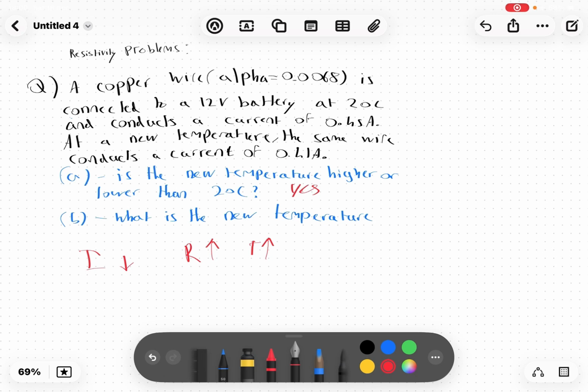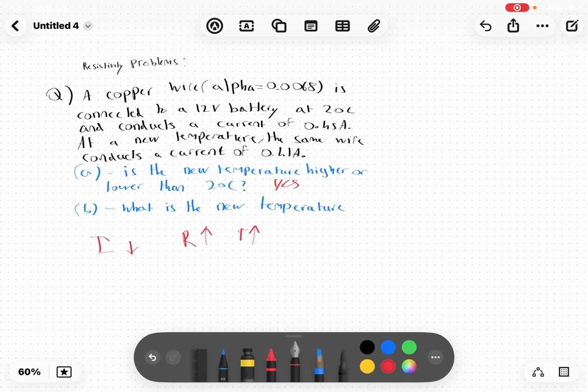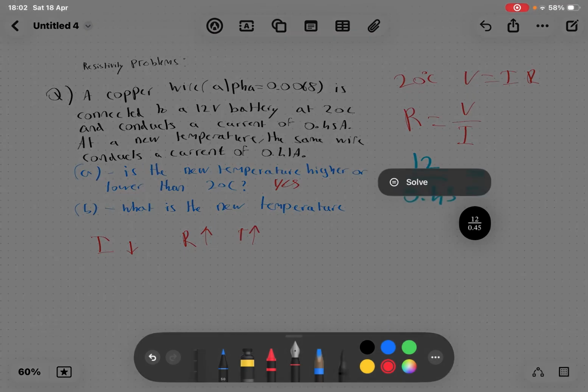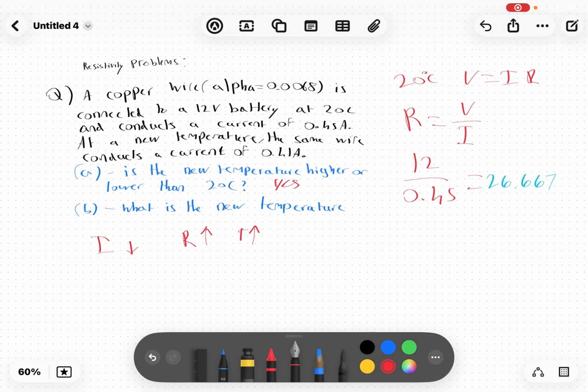And now we ask, what is the new temperature? So at 20 degrees, we can use V equals IR to find the resistance, because it's not given, so we should find it. The resistance equals V over I, so 12 over 0.45 equals 26.667 ohms.